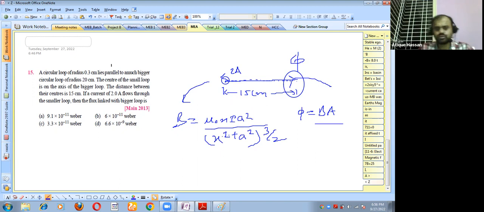A is the radius. You know this formula, magnetic field on the axis of a current carrying loop. We have discussed this formula also.